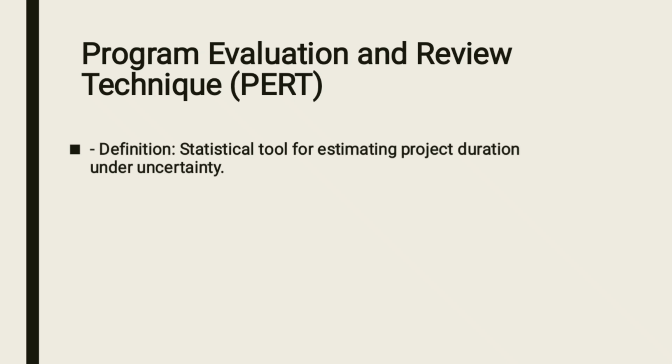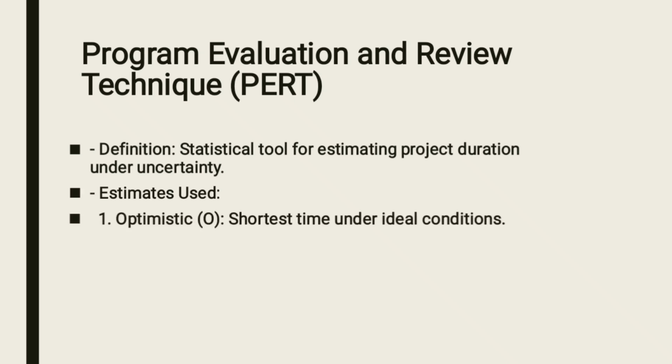This is done in uncertain conditions, where you are not so sure about how long your project is going to take. So in those uncertain conditions, that is where the Program Evaluation and Review Technique is the best option.